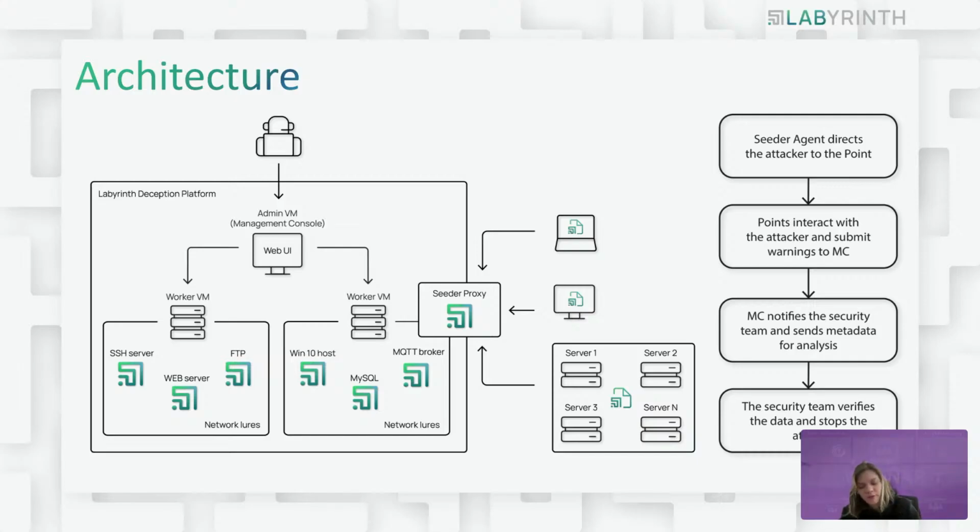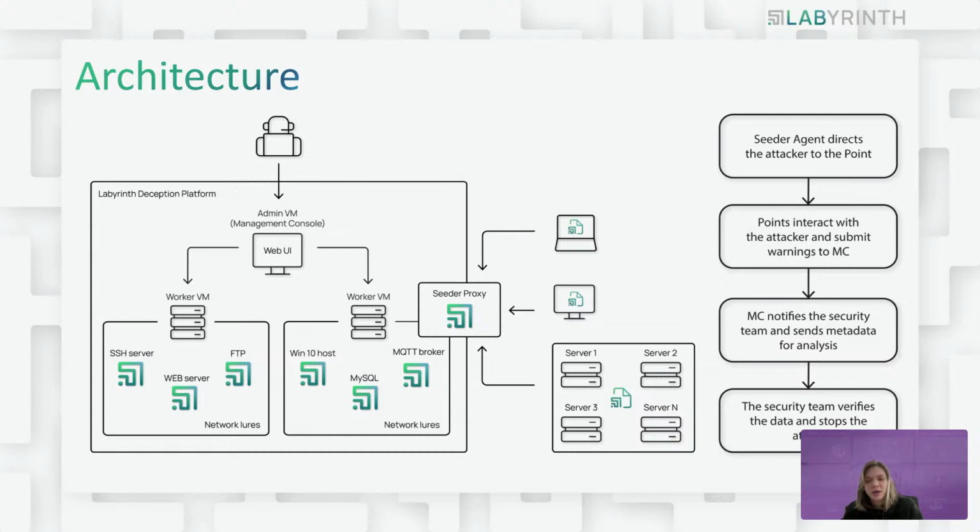On the other hand, we have worker VMs. A worker VM is also a VM, but it's designed to create, store, and launch network decoys. We call them points. In general, there can be only one admin VM because here we have centralized management.